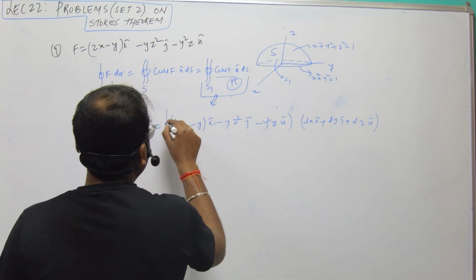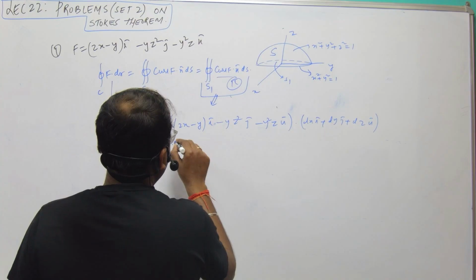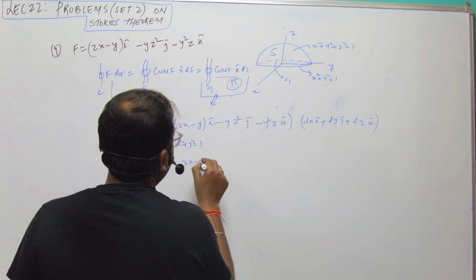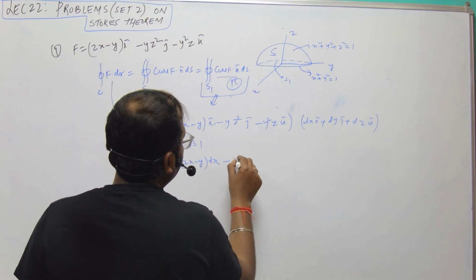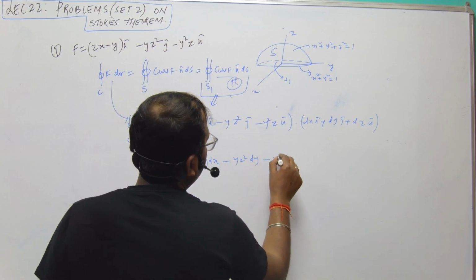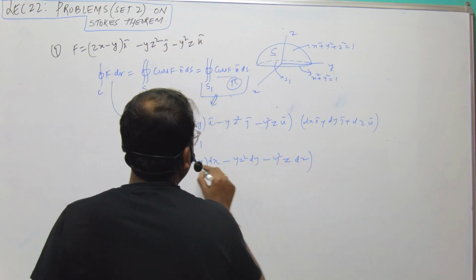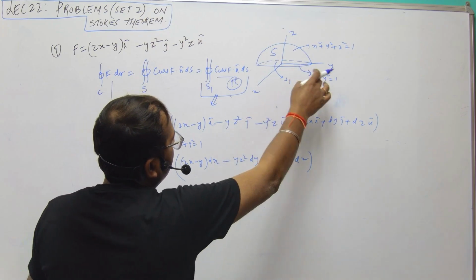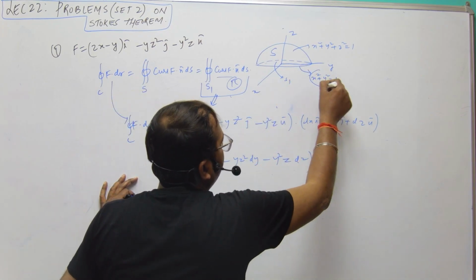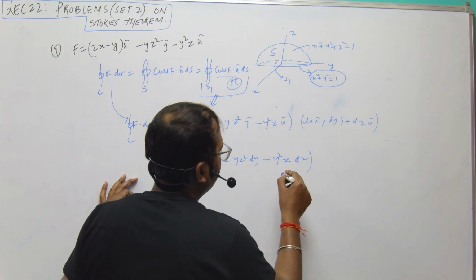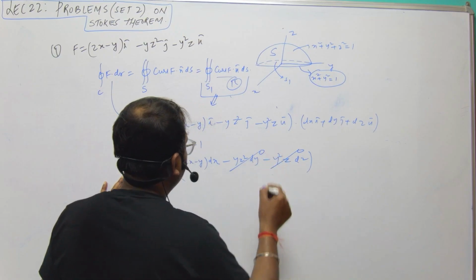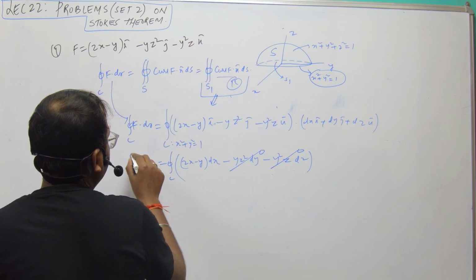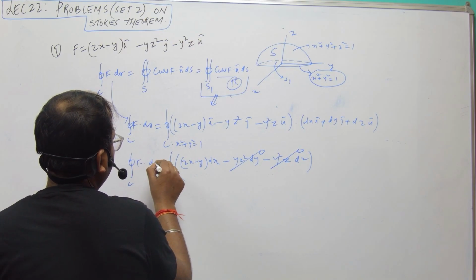Along the curve C, which is a circle of radius 1, x square plus y square is equal to 1. So this is 2x minus y dx minus yz square dy minus y square z dz. On this circle there is no term of z here, so these are 0. So we have 2x minus y dx along the curve C. This is the value of f dot dr.